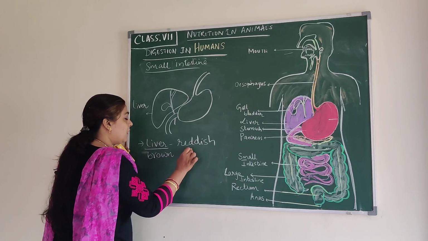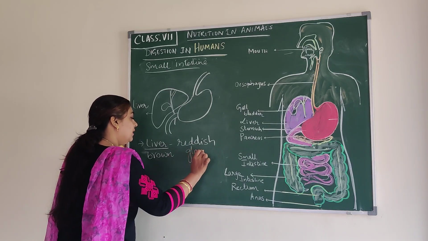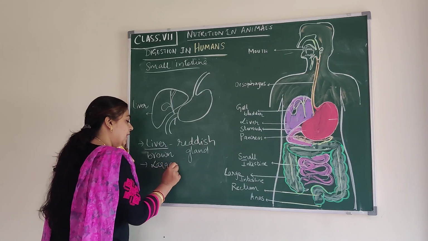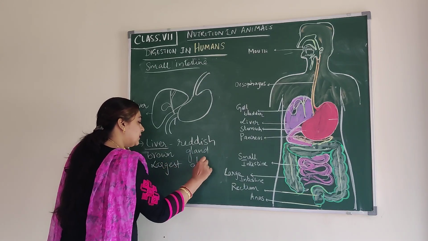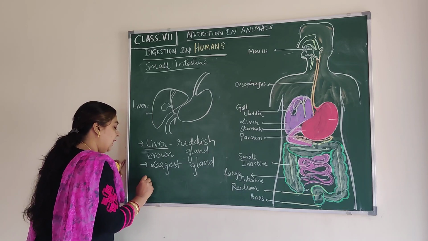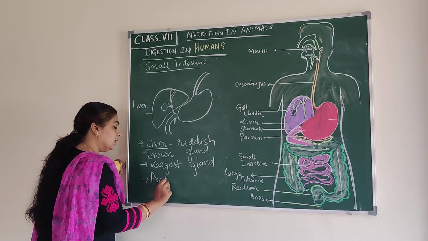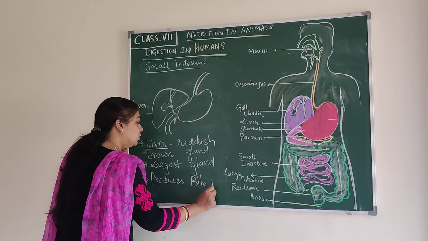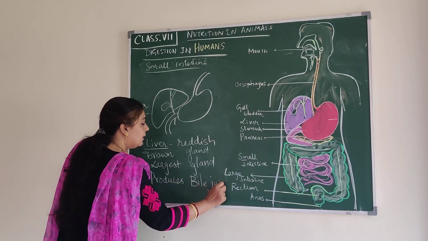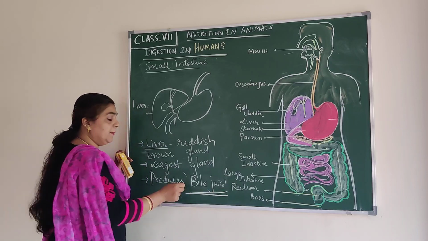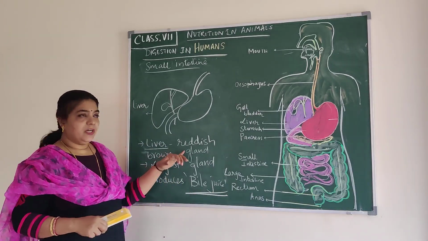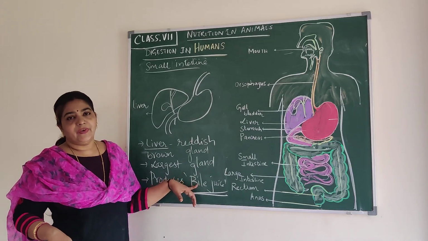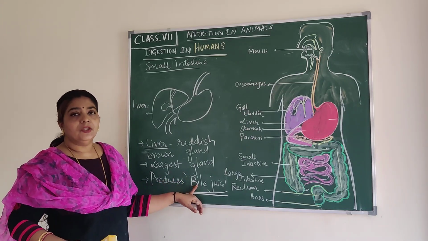It is the largest gland present in our body. Remember children, the liver is the largest gland. It is reddish brown in color and it produces the digestive enzyme called bile juice.